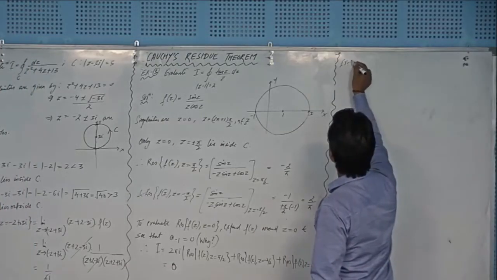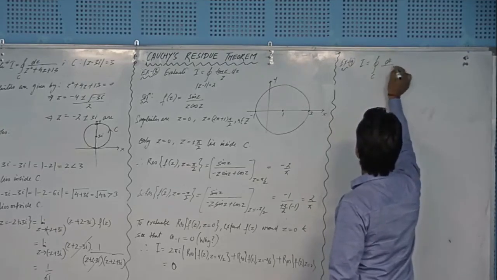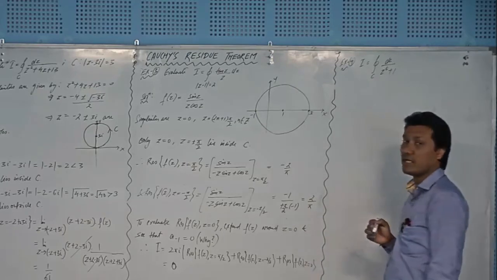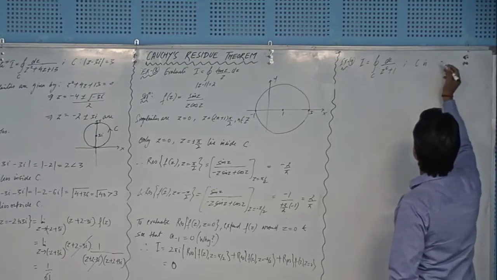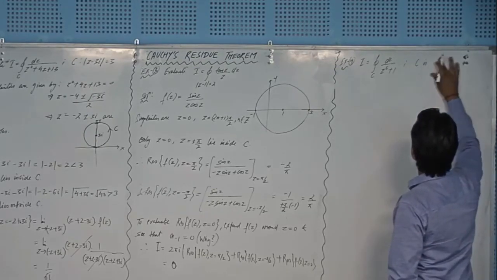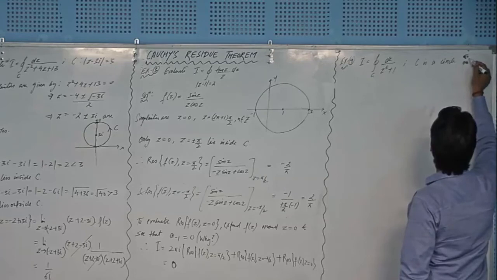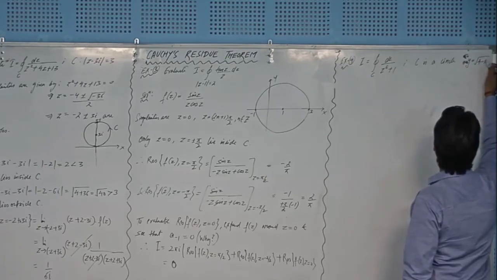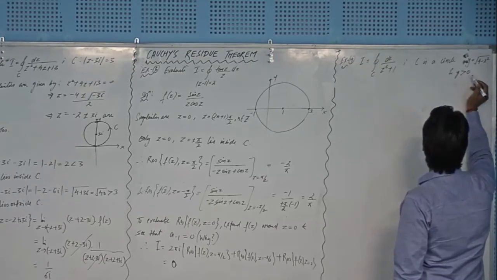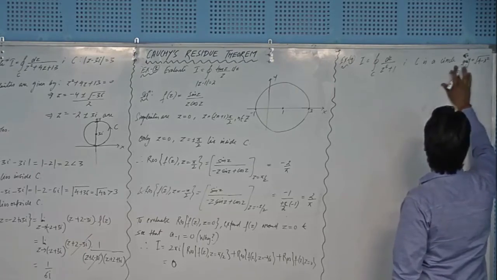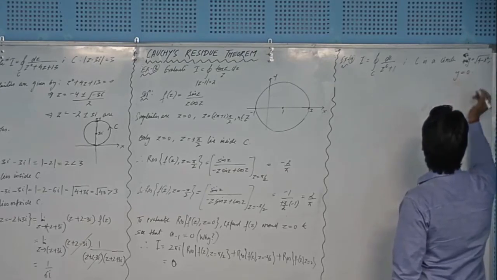Okay. Then taking another example. Example number 4. I equal to the integral over C of dz over z to the power 6 plus 1, and this C is the curve y equal to the square root of 4 minus x square, with y positive, together with y equal to 0, right?